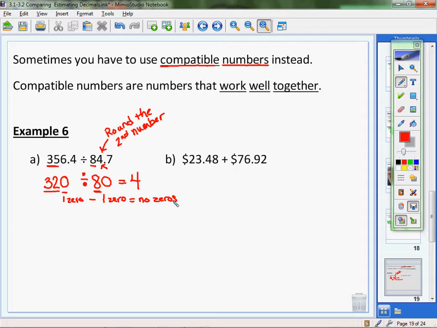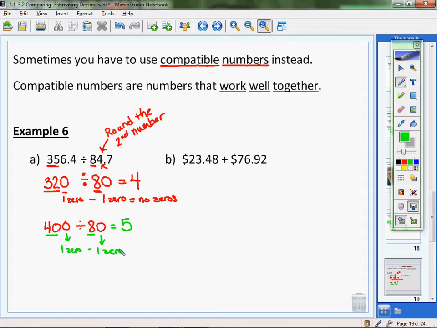Now I told you in this one we could have rounded to 40, and if we did that, that would follow rules of rounding because we're rounding to the highest place, and it would be 400 divided by 80, which will work. This is a little tricky though, because when we divide, we're going to do 40 divided by 8, which gives us 5. And then there's still only 1 zero minus 1 zero.